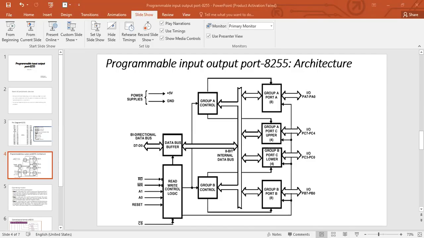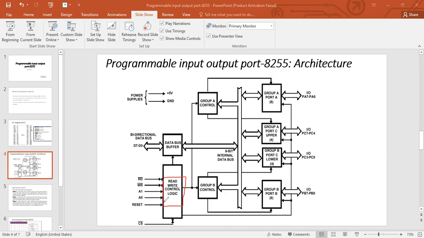Hello everyone. Till now we have discussed the pin diagram and internal architecture of 8255. In the last class we have seen that the read-write control logic is responsible for the generation of control signals for this 8255.